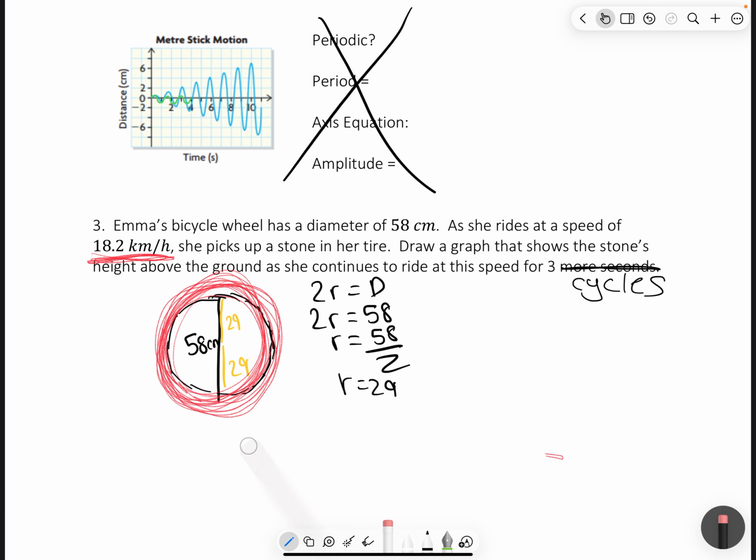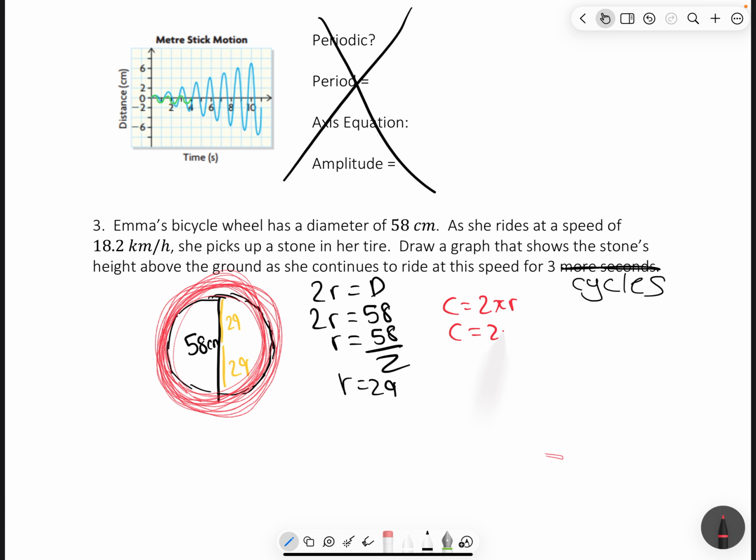So if we find the circumference, C is equal to 2 pi r. We could also say C is equal to 2r pi. C is equal to 58 pi, because I got 2r equal to 58 here.